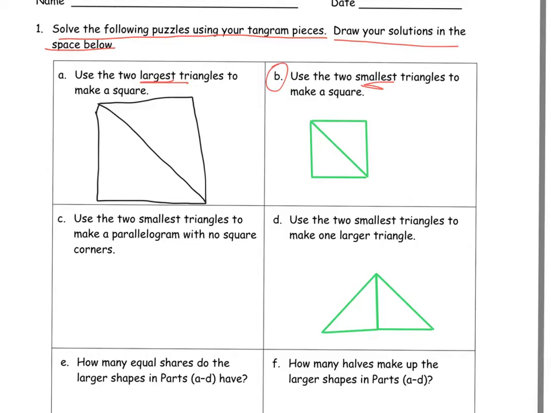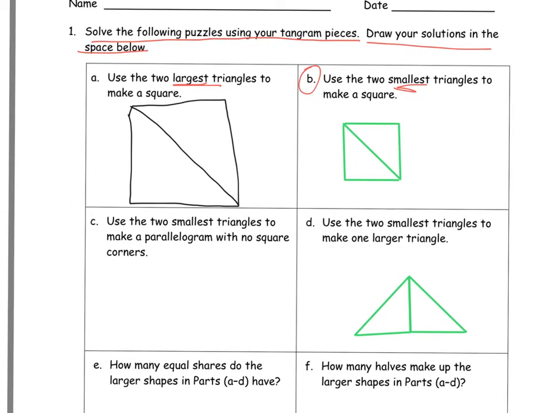So I can now take a look over at the next problem, which I'm going to go back to C now. And it says use the two smallest triangles to make a parallelogram with no square corners. So let me get my two triangles here and bring them on over.